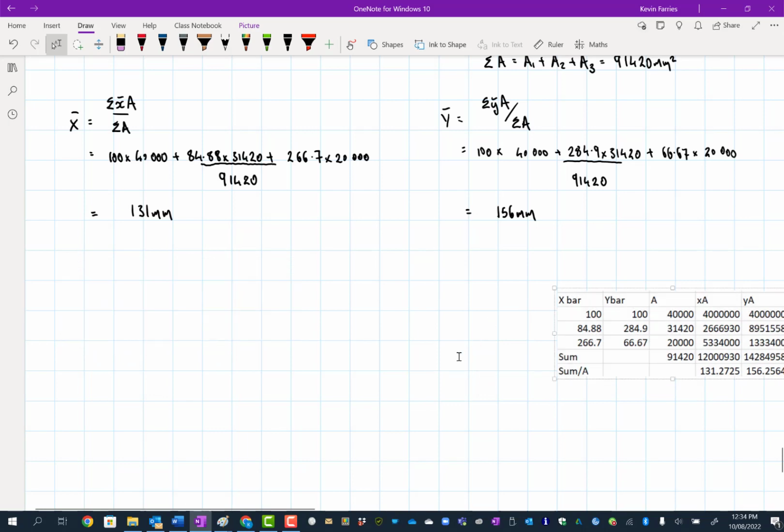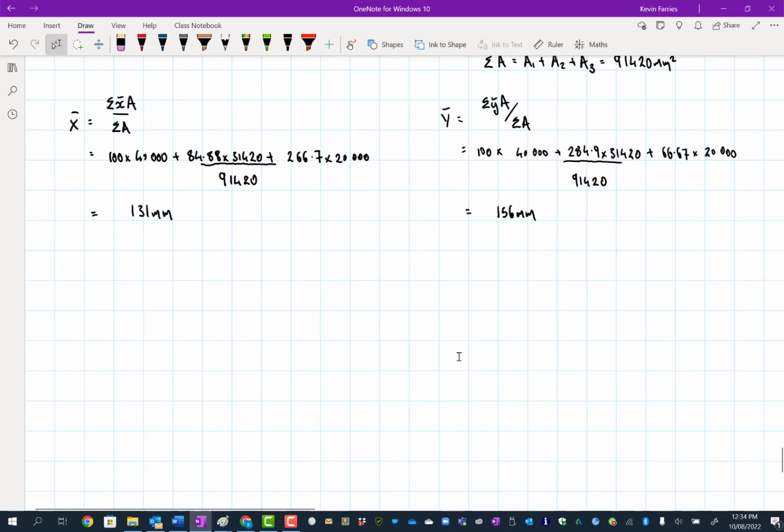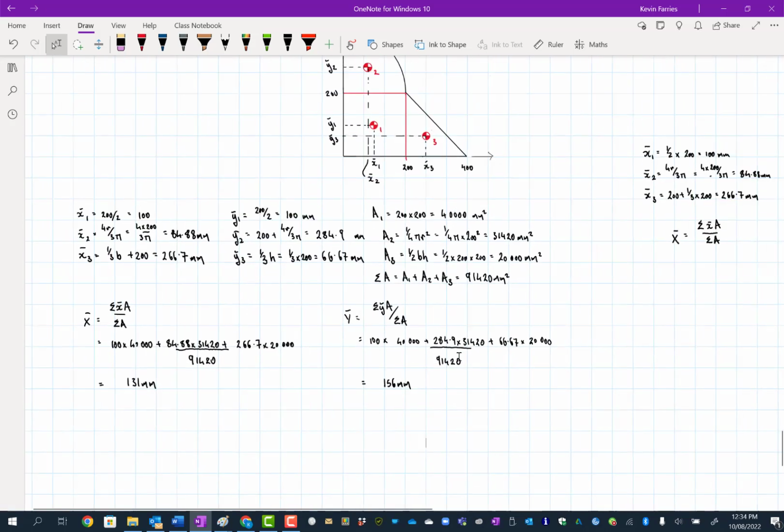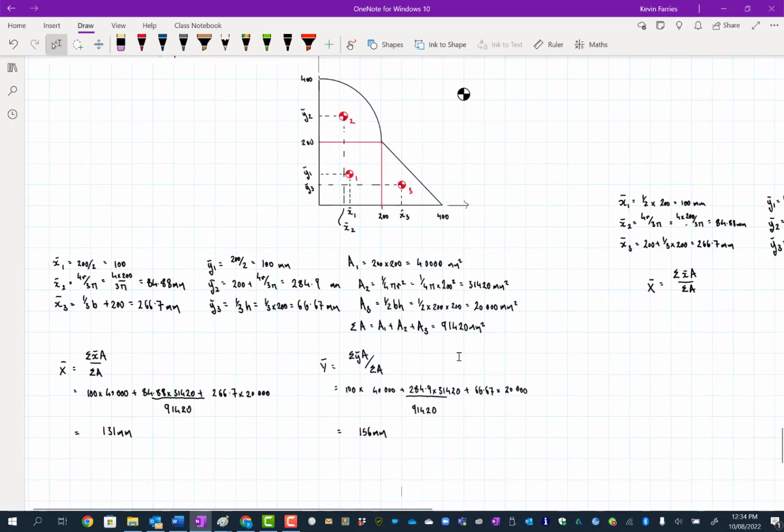Okay, so now we've got our answer. So where does that put us? Let's have a look. So x is 131 and y is 156. So we're ending up somewhere like 131, that's between 100 and 200, around 130, so it's going to be somewhere about here.